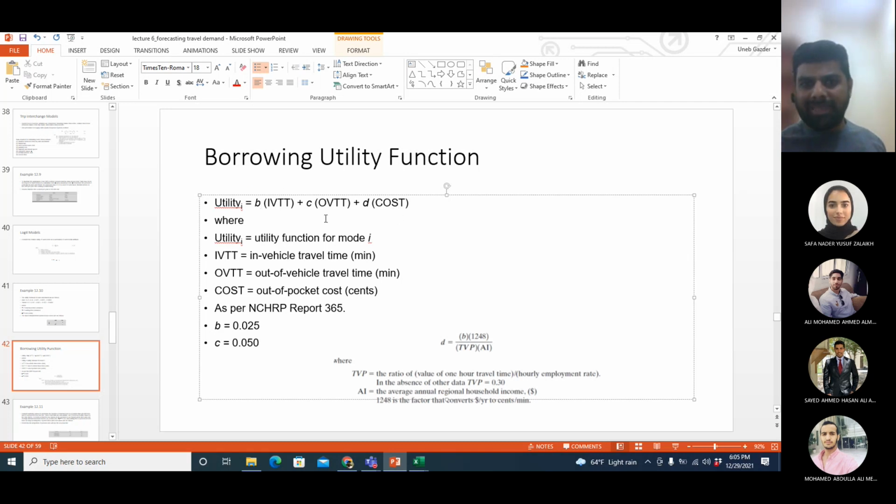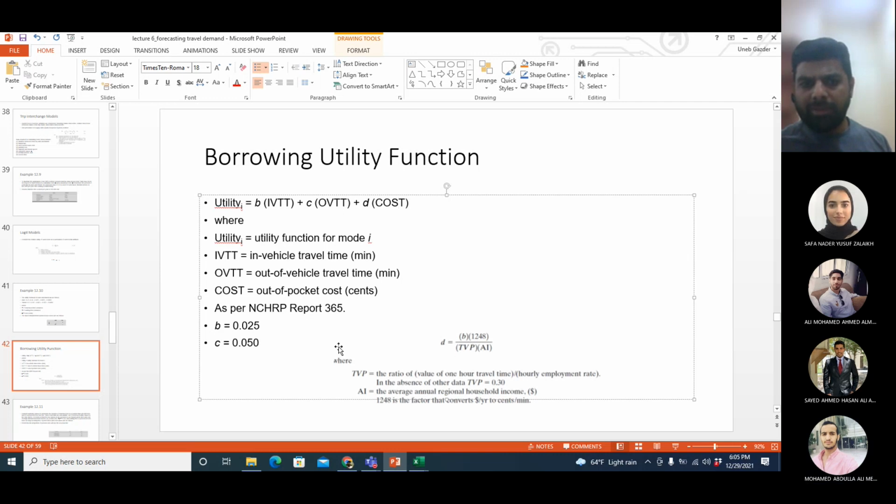The values of B and C, as per the NCHRP report, are fixed: 0.025 and 0.05. NCHRP is the National Cooperative Highway Research Program. The B and C values are taken from a lot of research. If you need the value of D, it can be calculated in this manner.